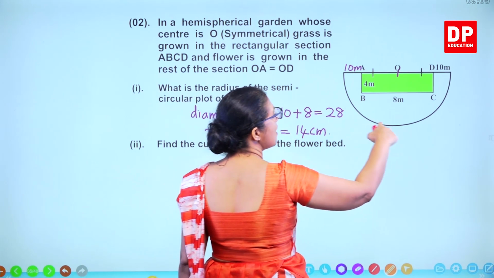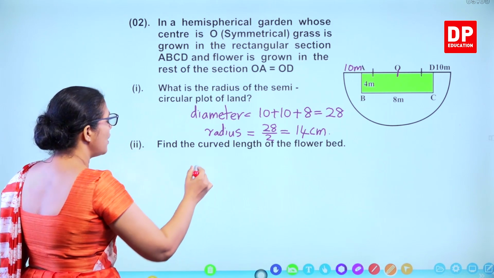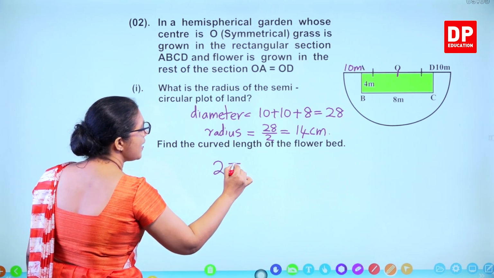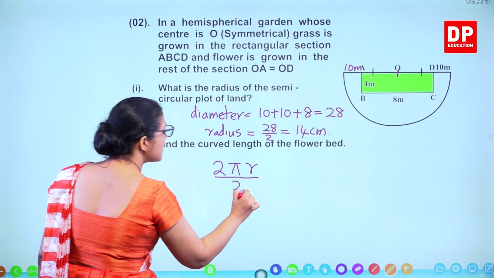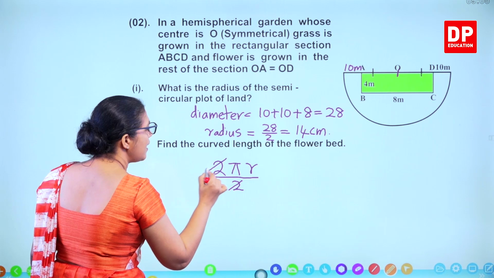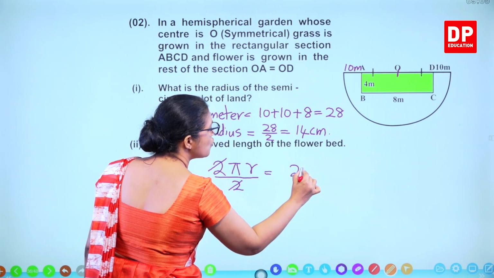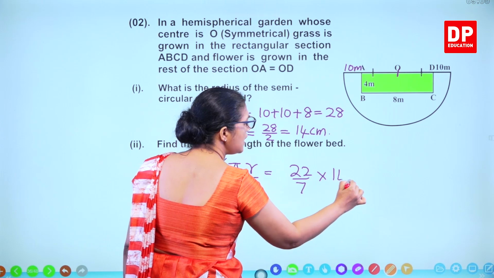Find the curved length of the flower bed. Curved length. That means arc length. What's the formula for arc length? 2 pi r. Divide by 2 because this is a hemisphere. So you get pi r. Pi is 22/7. What's the radius? 14.